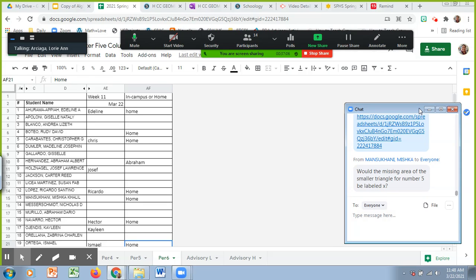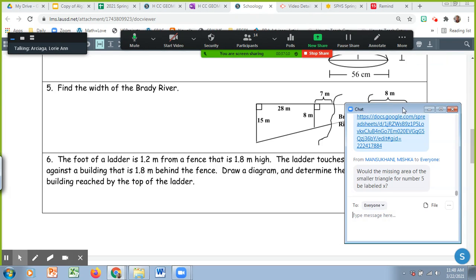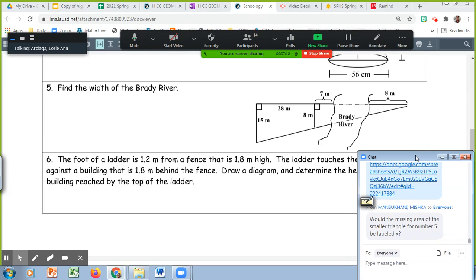Should the missing part of the smaller triangle for number 5 be labeled X? Yep, that's a great idea, Mishka.